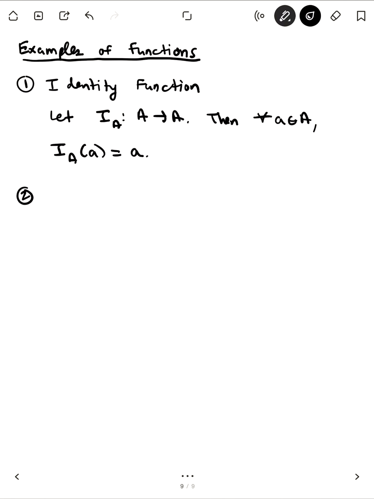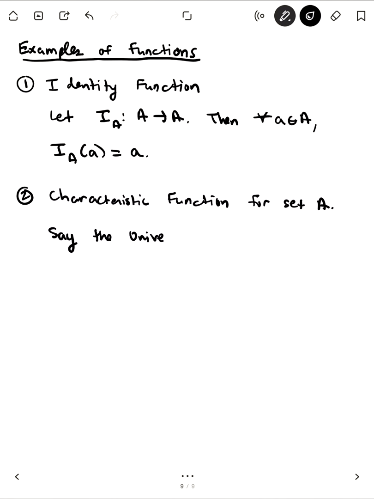The second type of important function is what's called the characteristic function for a set A. So say the universe U is specified, and A is a subset of the universe.